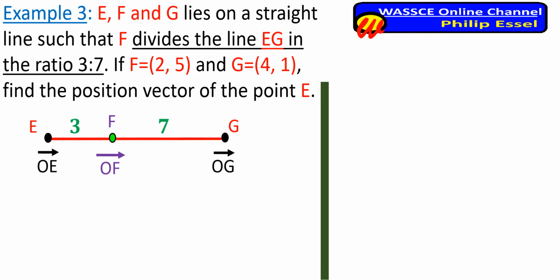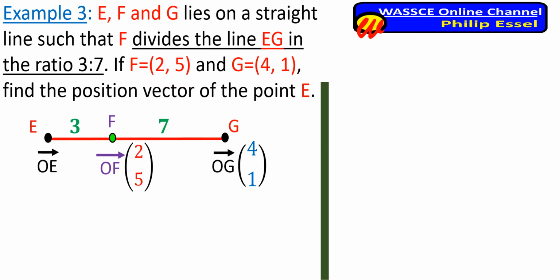So that means that the position vector OF would be (2, 5). And we've also been given the point G to be (4, 1). So that means that the position vector of G, which is OG, would be (4, 1).